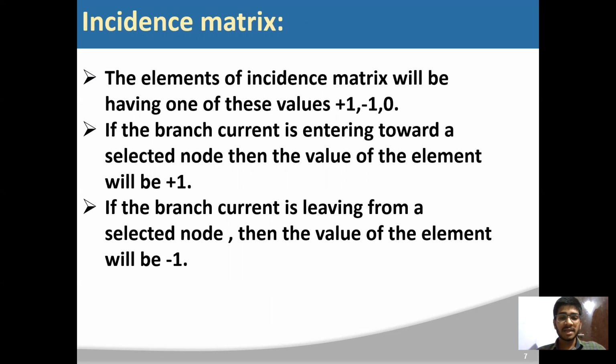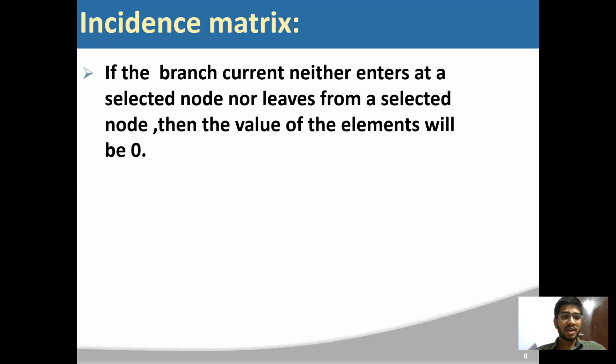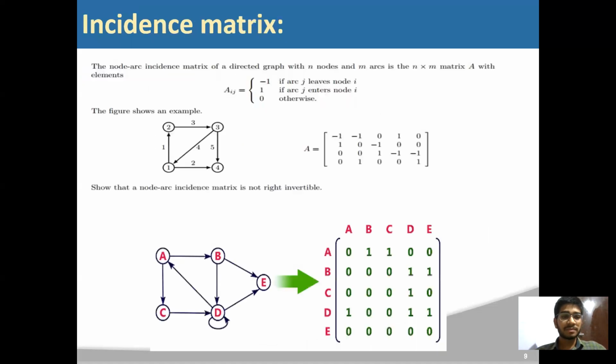If the branch current is entering the selected node, then the value of the element will be +1. If the branch current is flowing away from the selected node, then the value of the element will be -1. If the branch current neither enters nor leaves the selected node, then the value of the element will be 0.